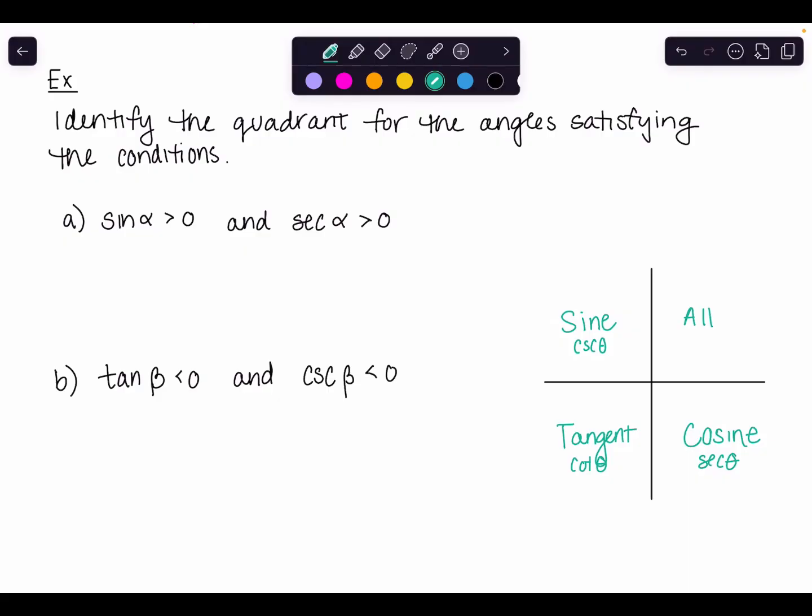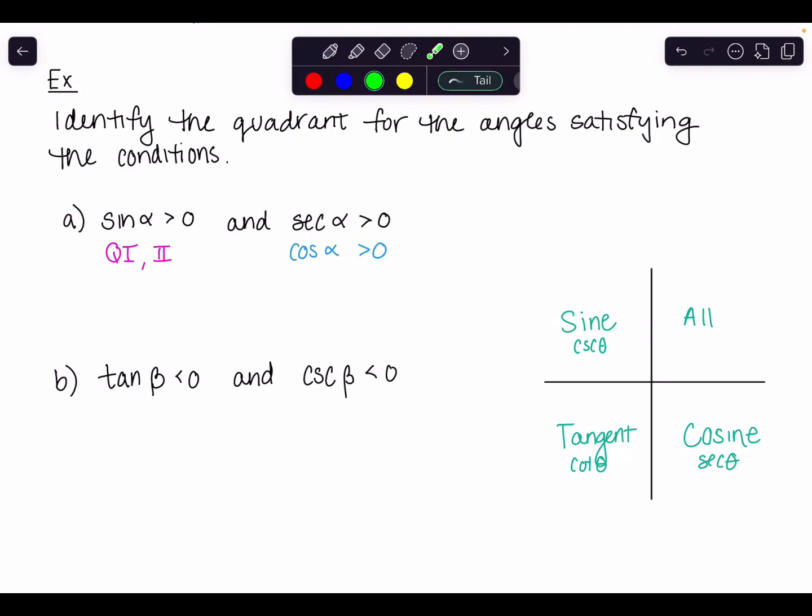So if I know sine of alpha is positive, well, that's going to happen in quadrant 1 because they all are, and in quadrant 2. So the only angles that make this true are the angles in 1 and 2. If I'm looking at secant of theta being positive, that's exactly the same thing as saying cosine is positive.